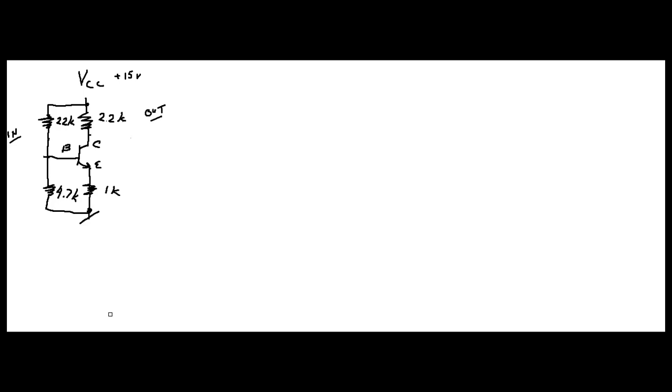So let's take a look at it. Let's figure out what VB is, right? VB is going to equal 4.7 kiloohms divided by 22 kiloohms plus 4.7 kiloohms.